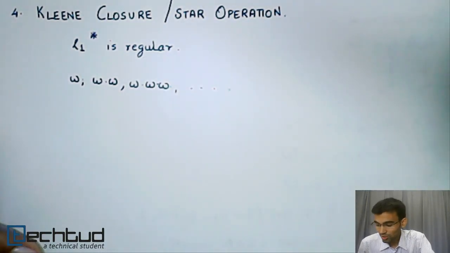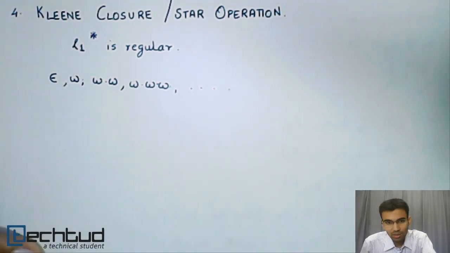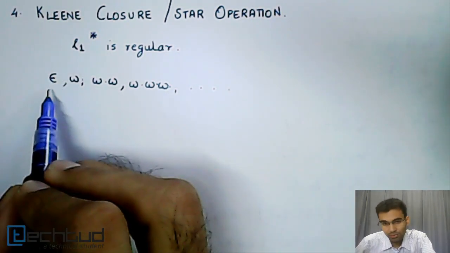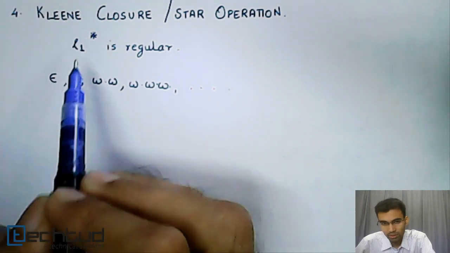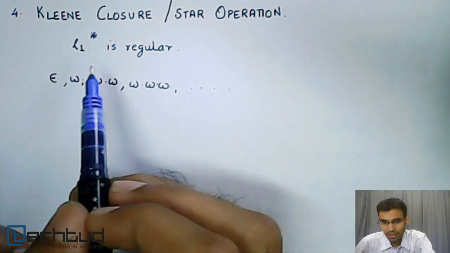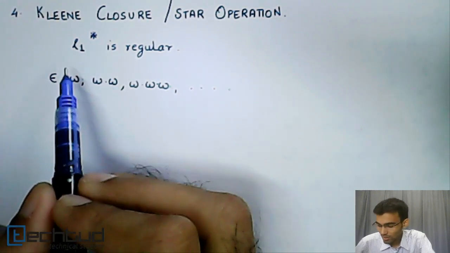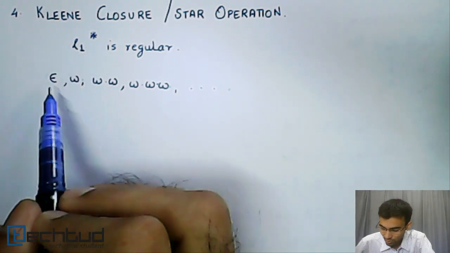It will, in addition to accepting W, also accept the empty string epsilon, even if epsilon does not belong to L1. So even if L1 does not have an empty string in its vocabulary, then L1 star will include epsilon.